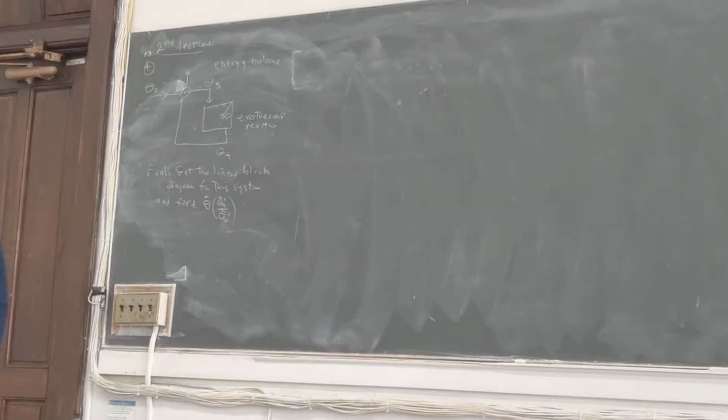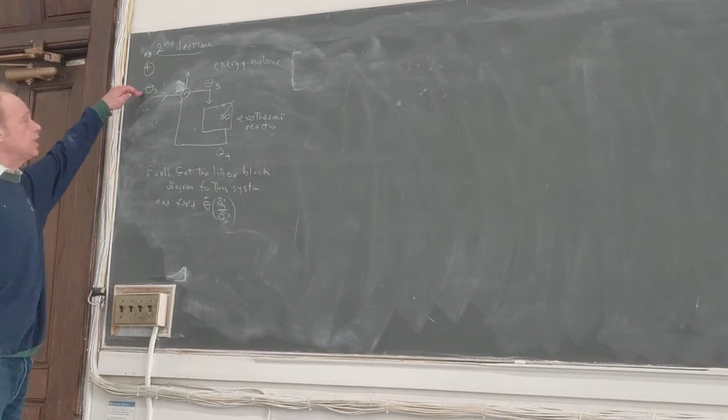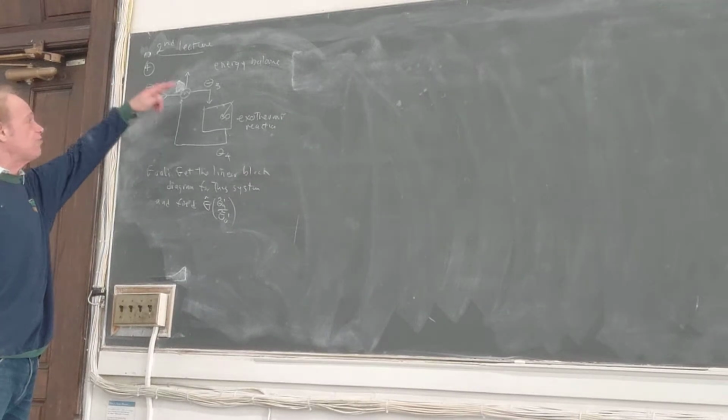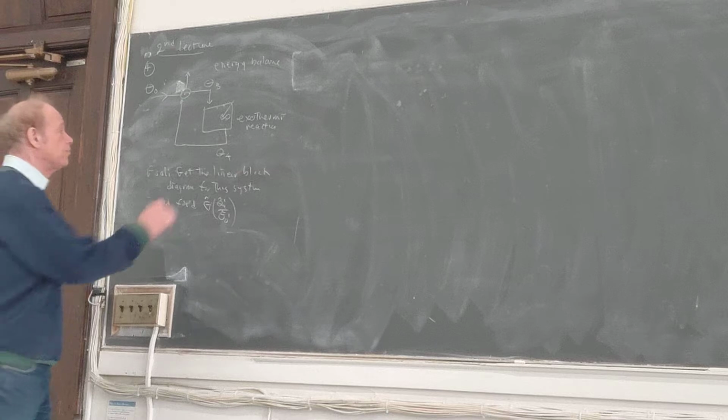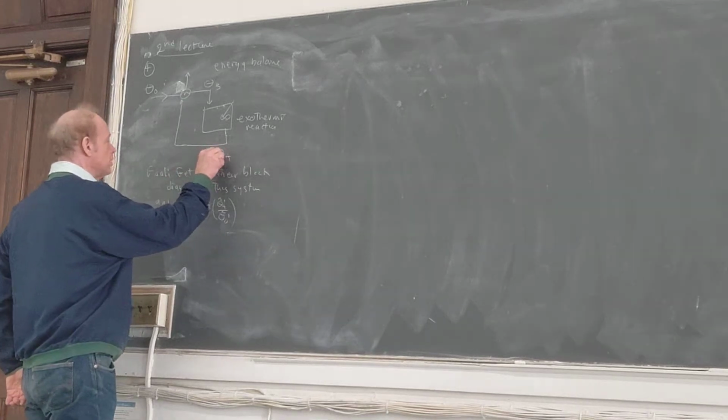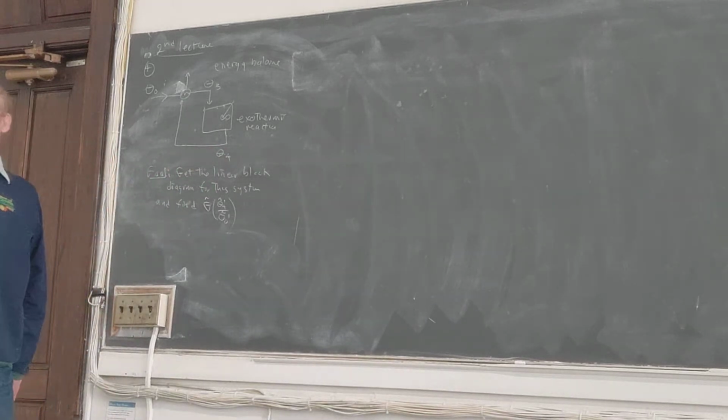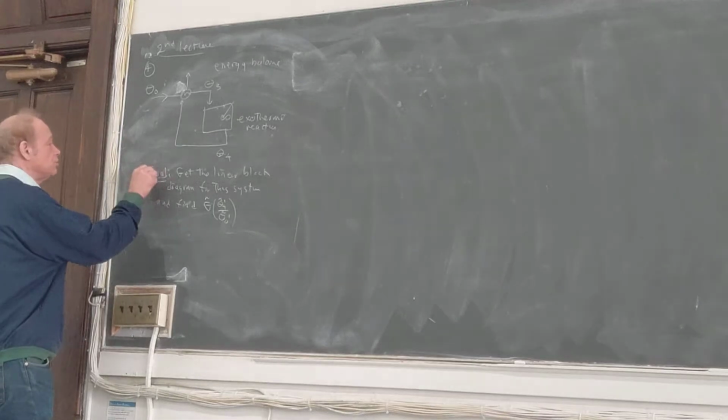So we'd like to know how a change in theta 0 affects theta 4. That's the goal. Is that the only goal possible? No, but that's the goal that we're using.